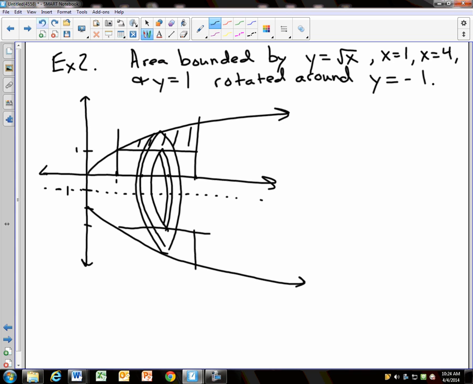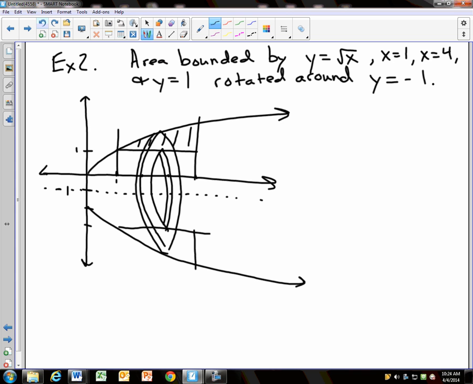The idea is, first of all, did you come up with this kind of triangle type shape up here? When we spin it around the line y equals -1, how large is the diameter of the hole in the center? The diameter. 4, right? So it's 2 units from -1 to +1. So that's your radius of that inside hole.